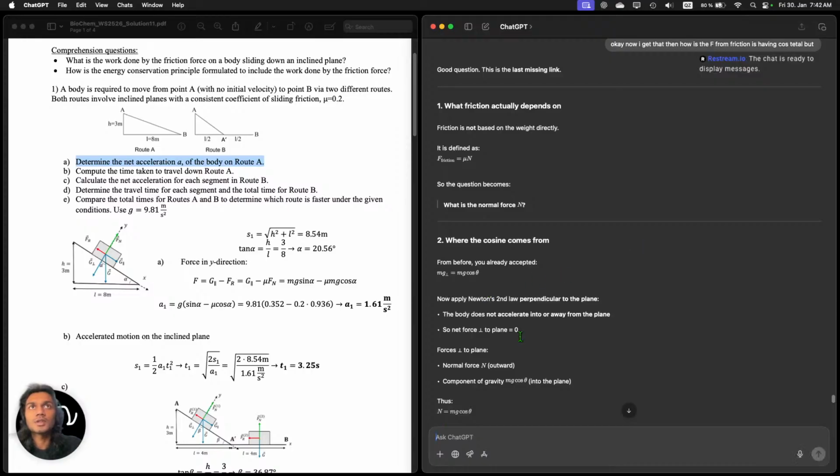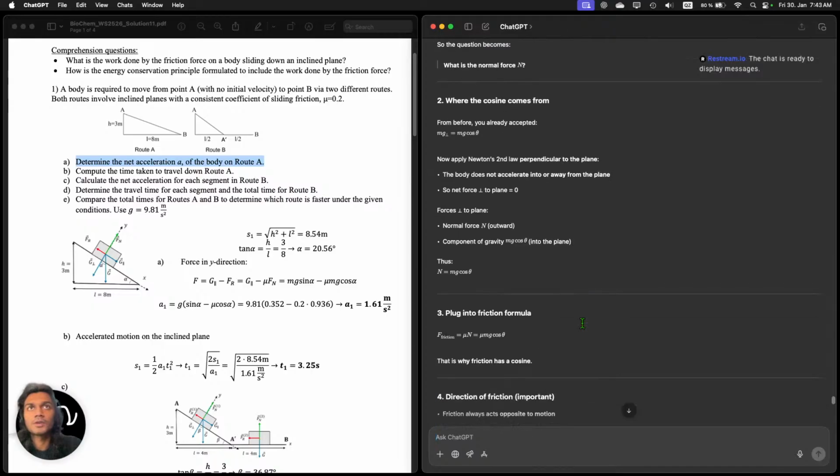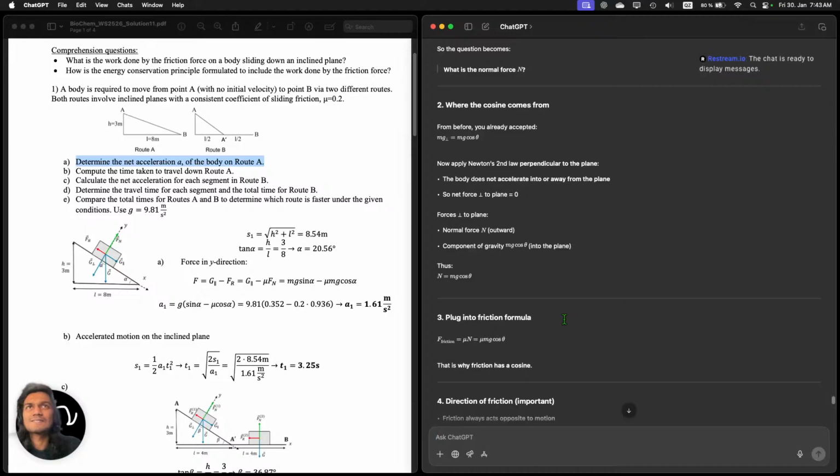Now apply Newton's second law perpendicular to the plane. The body does not accelerate into or away from the plane, so the net force perpendicular to the plane is zero. Force perpendicular to the plane: normal force equals the component of gravity. Plug in the friction formula. This is why friction has cosine. Friction is coefficient of friction times normal force.